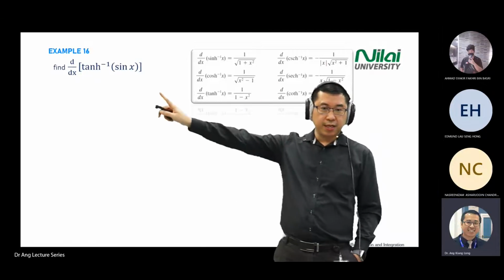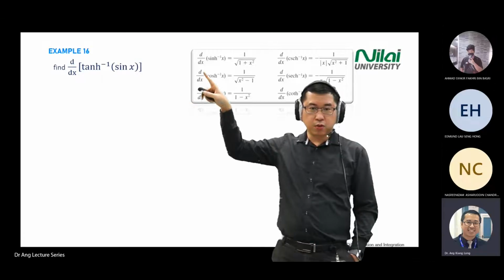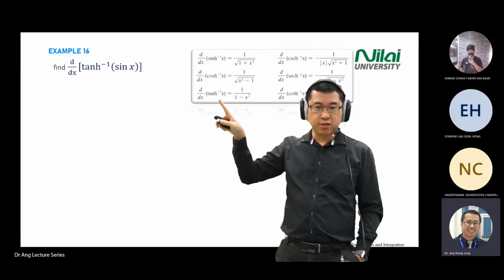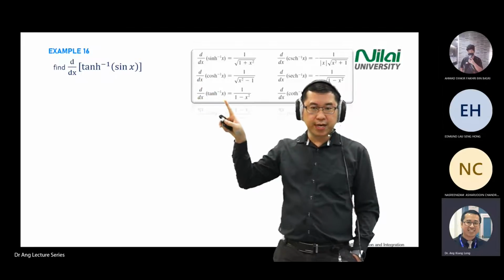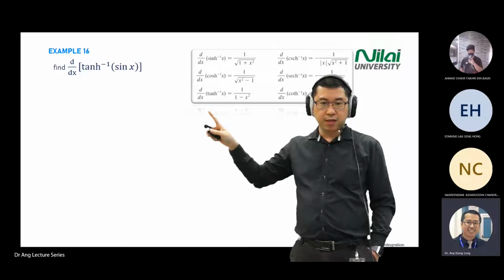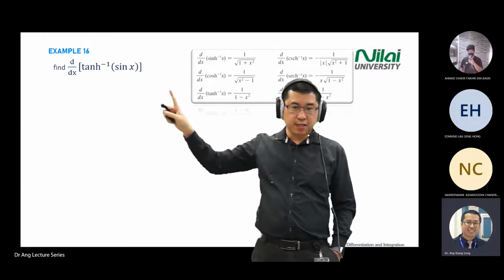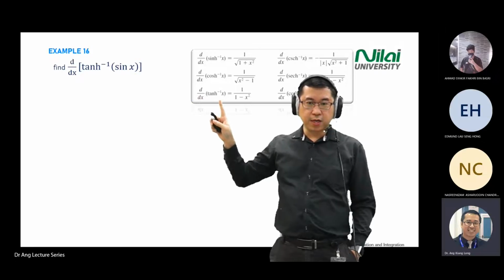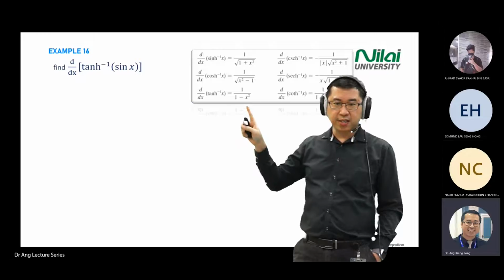In this one, it's tanh^-1. So you go to d over dx of tanh^-1 x, which equals this one. Of course, inside there is sin x, while in the table it is x. So what you do, you substitute this one inside here.